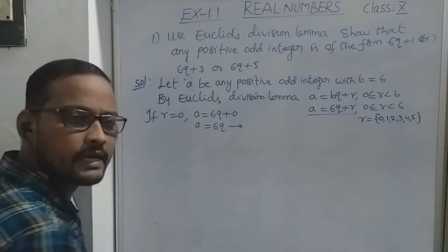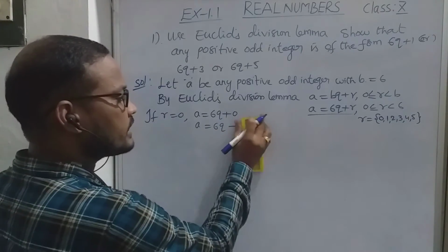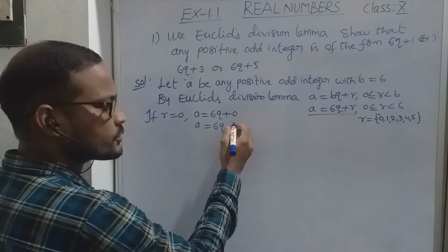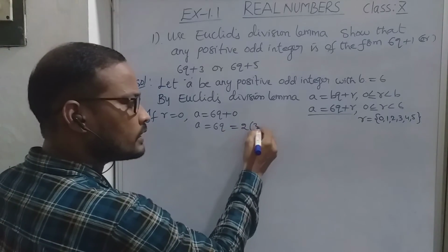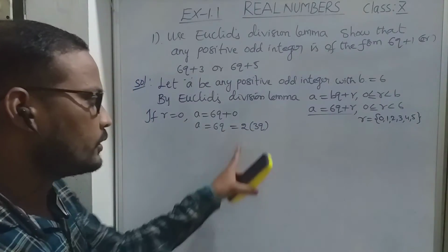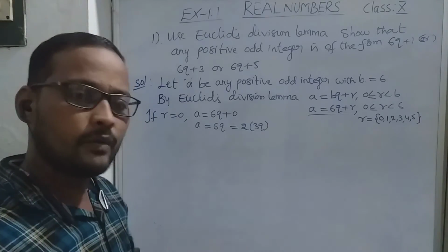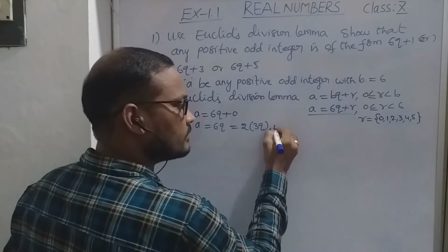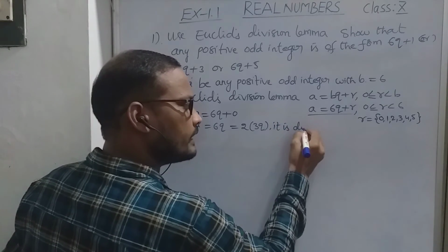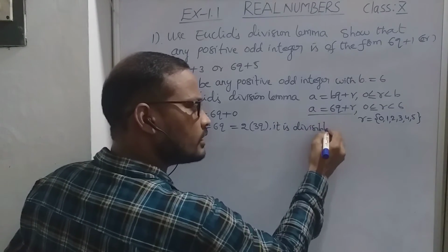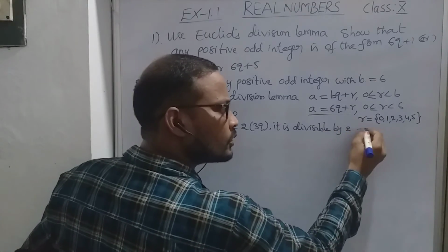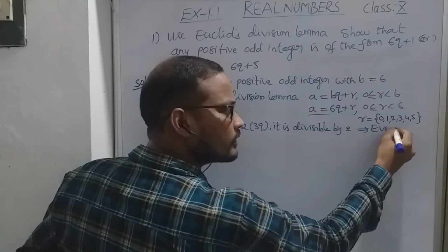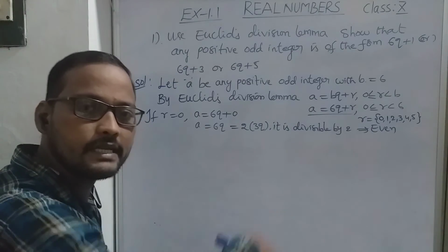If you observe carefully, this can be written as 2 into 3q. So it is divisible by 2 exactly. Is it divisible by 2? Yes. So it is an even number. If divisible by 2, then it is an even number.